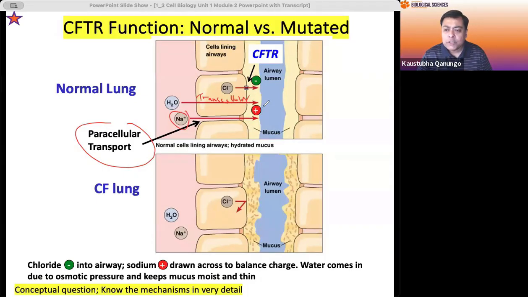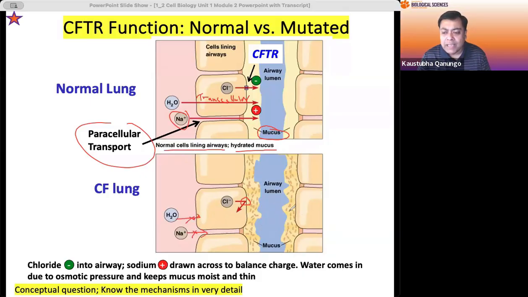So once sodium chloride goes in, the water actually goes in and it loosens up the mucus. That is normal mucus, normal cell lining, hydrated mucus, and that is the normal condition. But in a cystic fibrosis patient, where the CFTR is not working, the channel does not work. That means no sodium is pulled in, no sodium chloride, no water is pulled in.